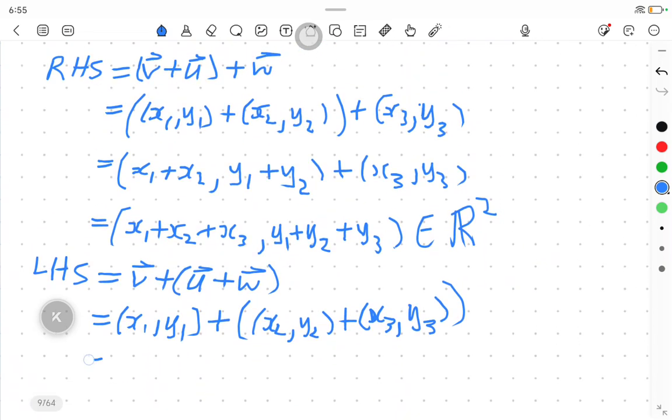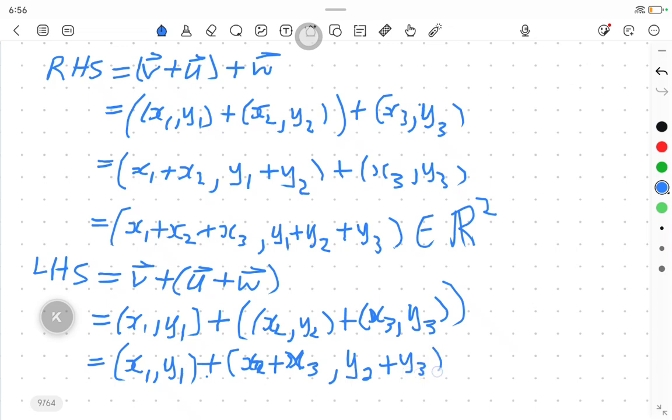Then we start with the ones inside the brackets, x1 y1 plus x2 y2. I add this and this, and also add this and this, and then y2 plus y3.